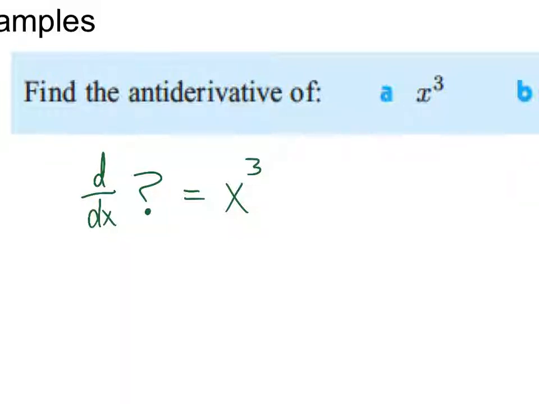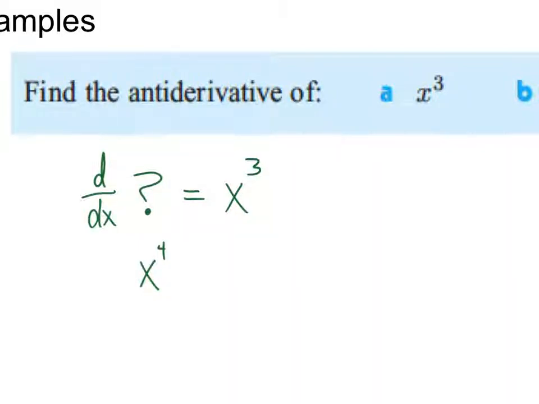Yes, because when you find the derivative, you have to subtract 1, so you have to add 1. And then put it over that because you have to multiply it by the front. Think about your power rule for taking the derivative. When you take the derivative of a polynomial like this, you lower the power by 1. So I must be taking the derivative of x to the 4th, right?